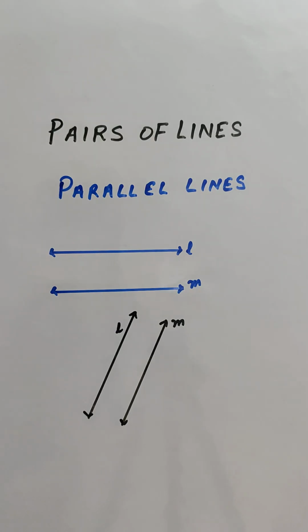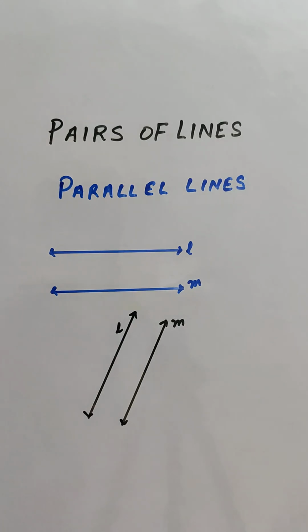So this way these lines are called parallel lines. The opposite edges of a room, the opposite edges of a blackboard, railway lines, the opposite edges of a ruler, etc. are the examples of parallel lines.